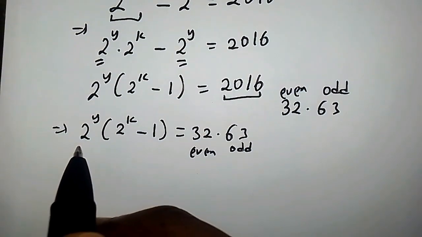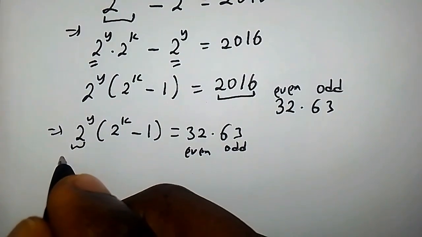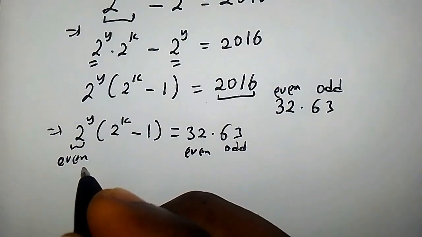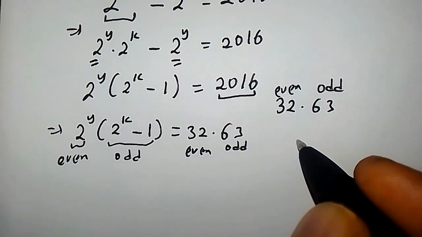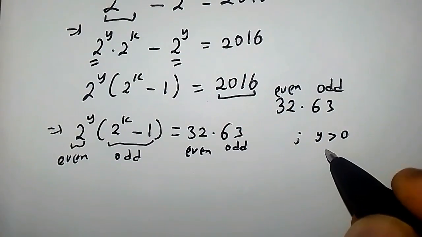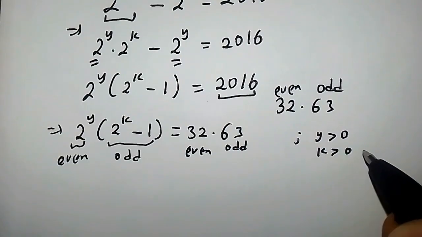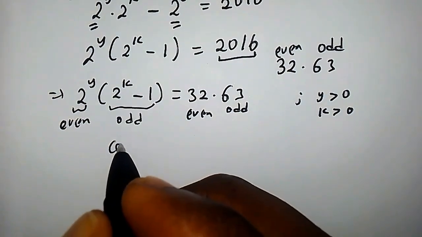Also, if you look at this left hand side, 2 raised to y is always even. Why is this always an odd number? Such that y is greater than 0 and k is greater than 0. Let's continue. Now, let us compare.